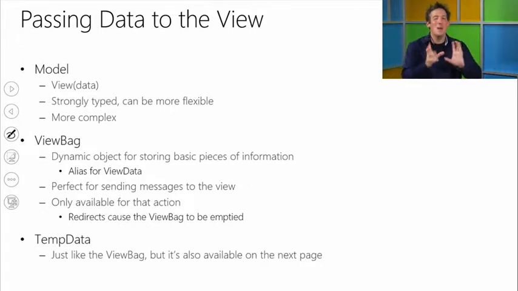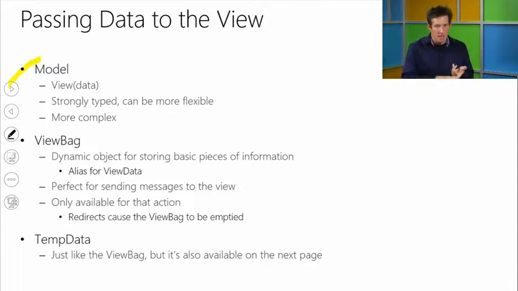Now, when we're going to go in and pass data to a view, we've got a handful of different options that are available to us. Number one, just like we saw on the prior slide, we've got the ability to pass in a model. This really is, as John mentioned earlier this morning, the preferred mechanism, because this gives us strong typing, so that I can throw over the wall a full object.